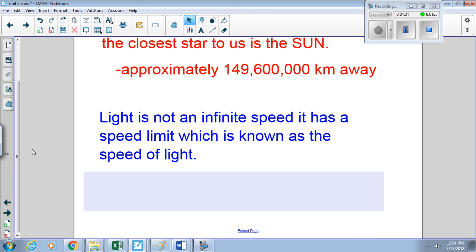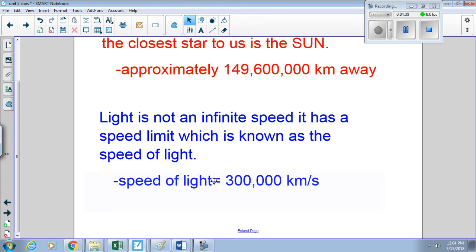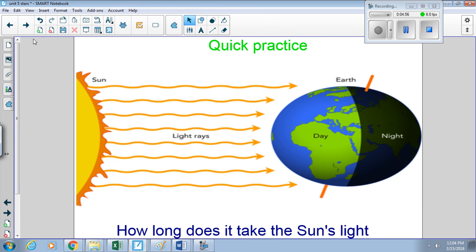There is a speed limit to which light can go, and it cannot go past this. And interestingly enough, it's also the fastest thing that we know of in the universe. So the speed of light is 300,000 kilometers per second. That means that for every second it's able to travel 300,000 kilometers. So yes, this is very, very fast. Light is very, very fast. That's why it's the speed of light, fastest thing we know of.